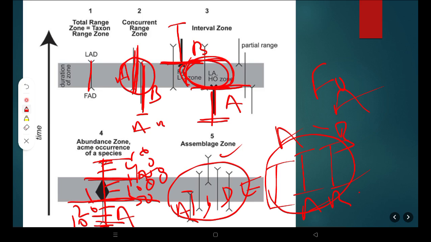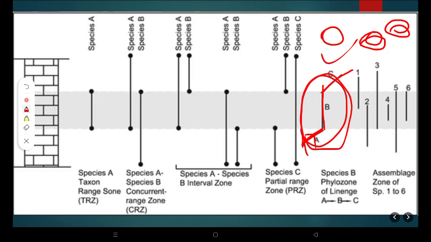So they grow in significantly higher numbers than in the lower and upper strata. So this is an acme zone. Suppose this is fossil A, so we can name it an acme biozone. Like if we are getting foraminifera like this, then it is a foraminifera acme biozone.